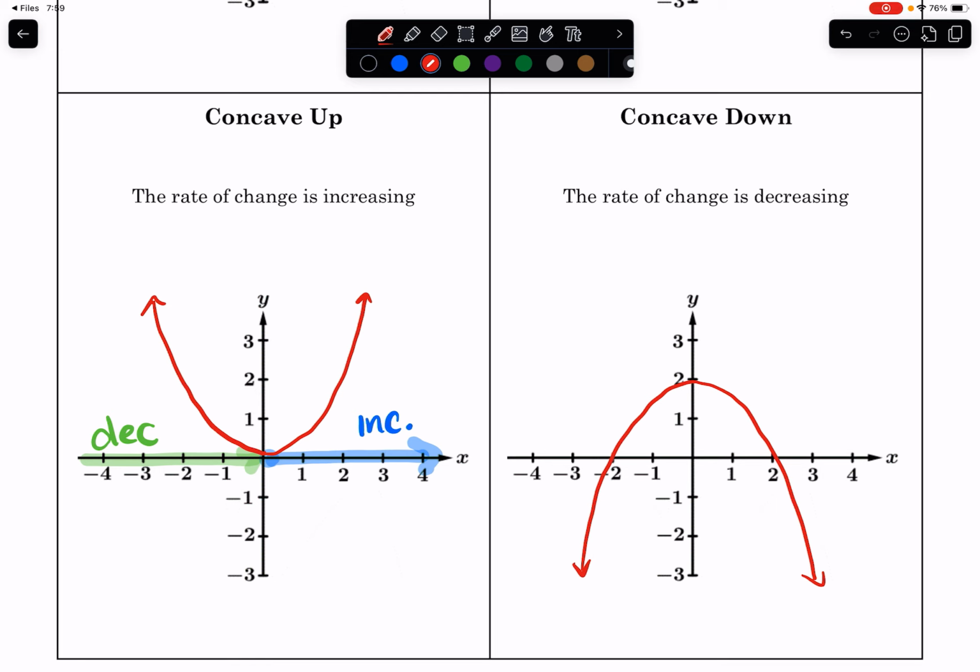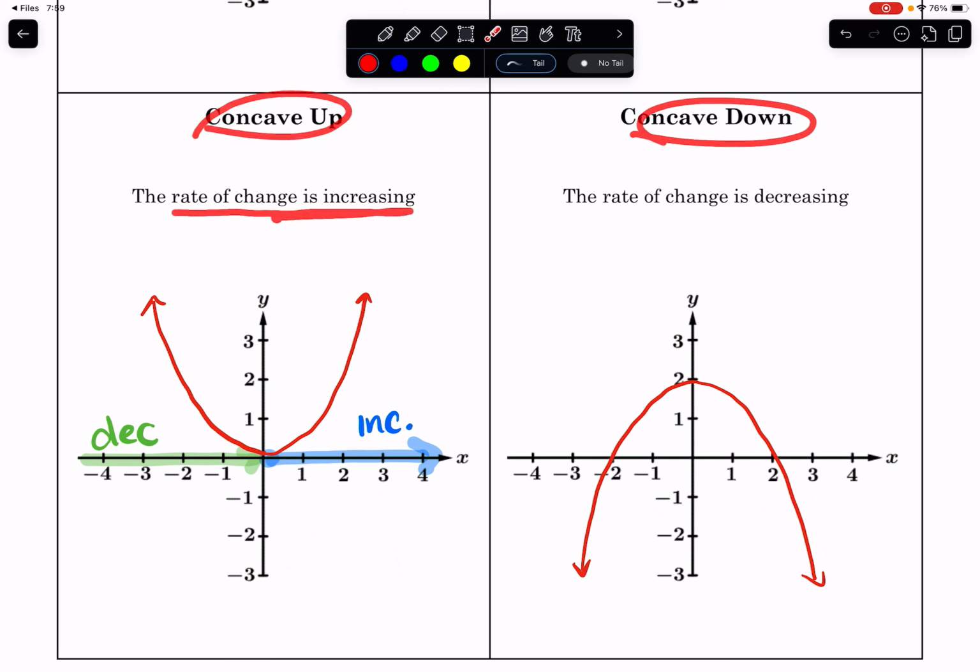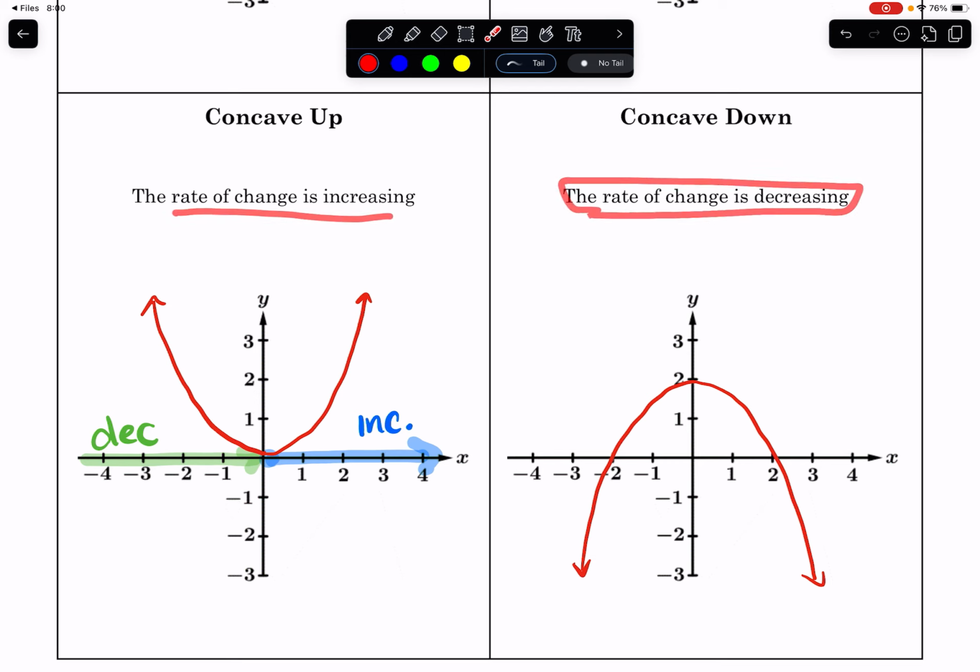For right now, the only thing I need you to correlate with concaving up and concaving down is that the rate of change is increasing and the rate of change is decreasing. That's all I need you to understand. We will investigate this in further detail, but for right now, just know that if I'm referring to a graph that's concaving down, that means the rate of change is decreasing, and if a graph is concaving up, the rate of change is increasing. And this is what they look like.